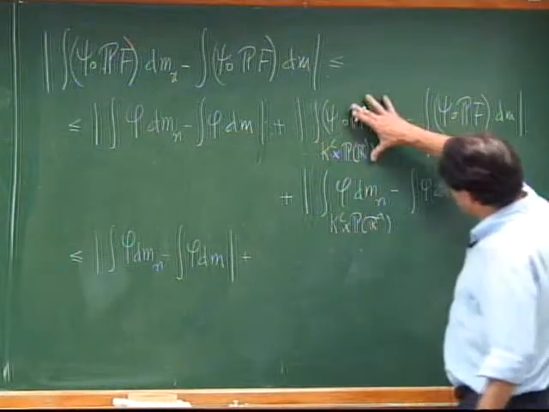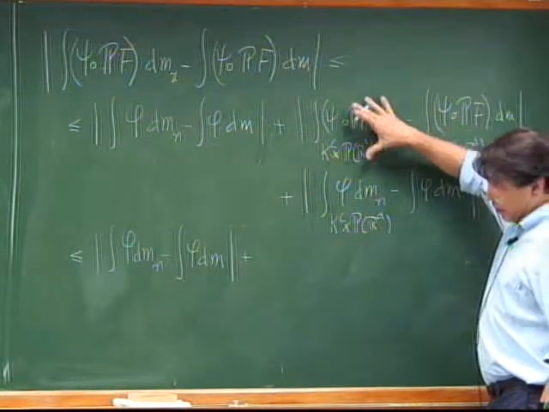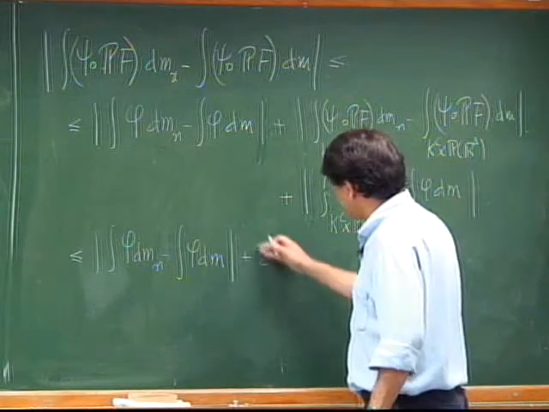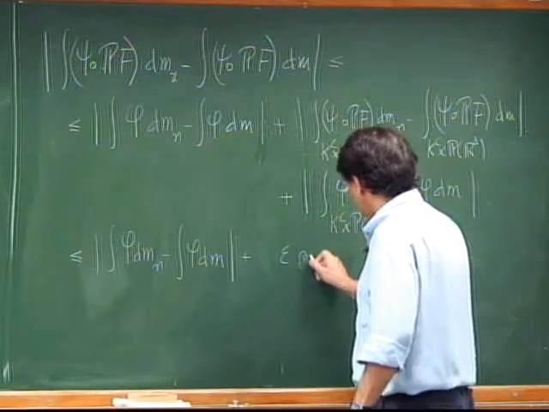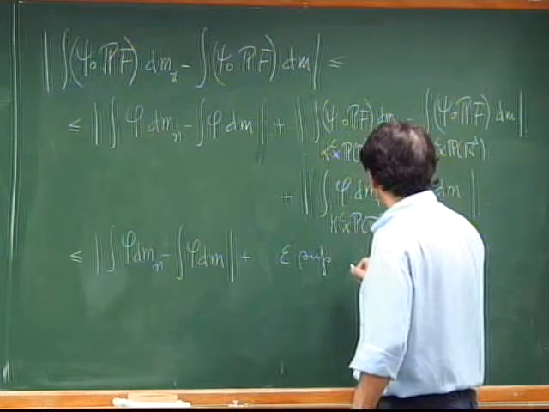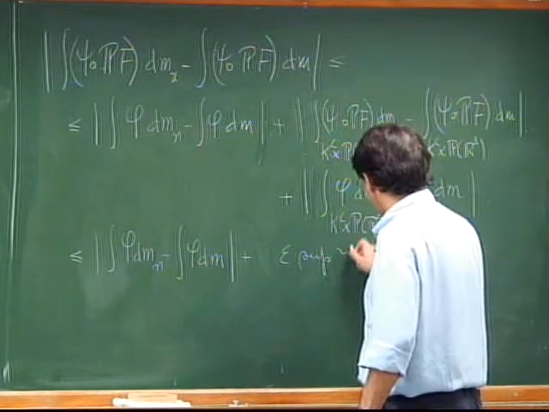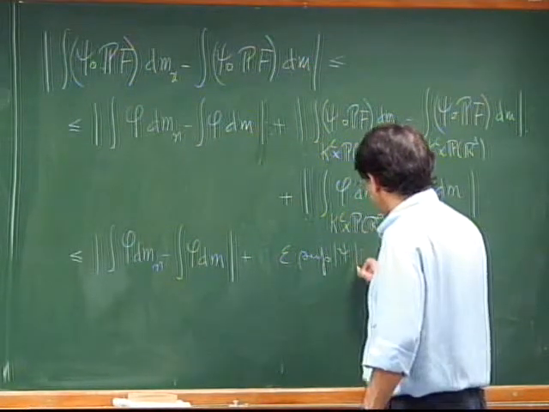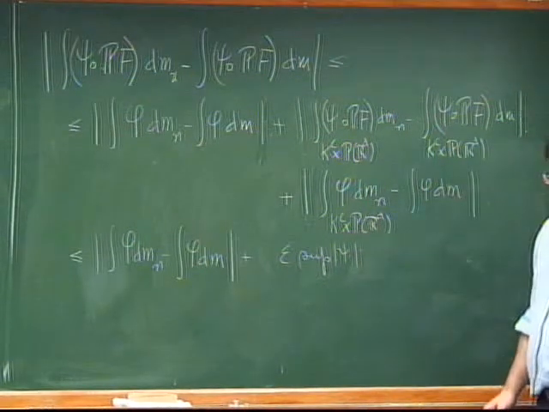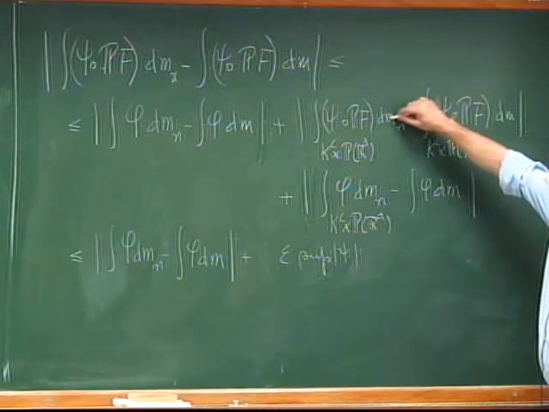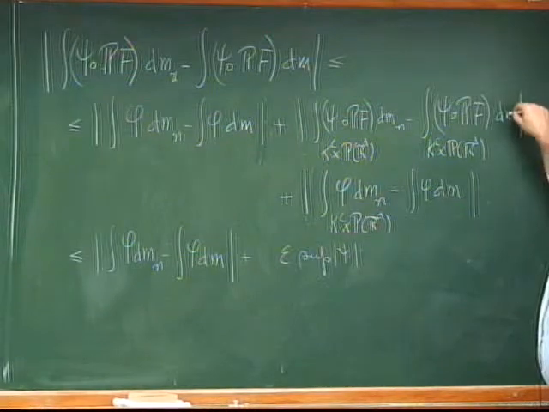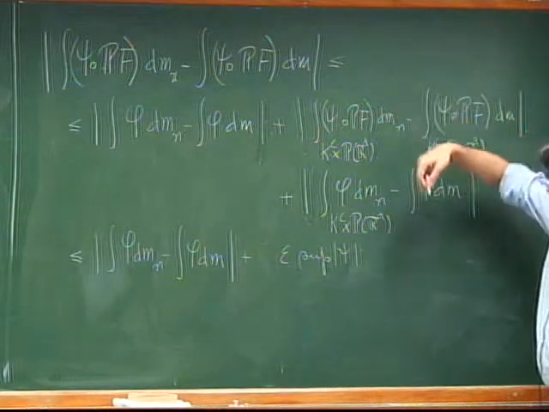So this integral here is bounded by epsilon times the supremum of psi. That's true for mn, but that's true also for m, because all these measures project down to mu.